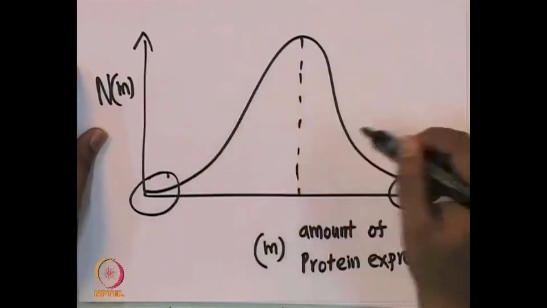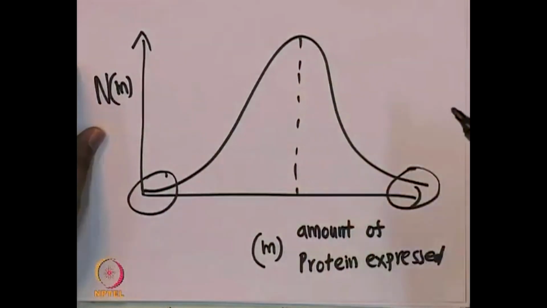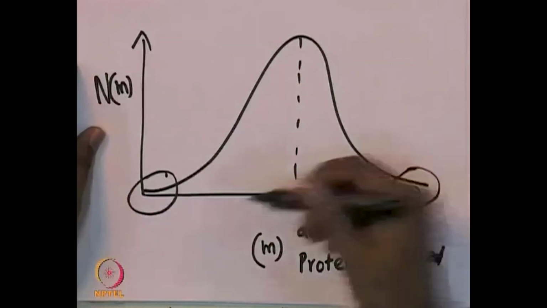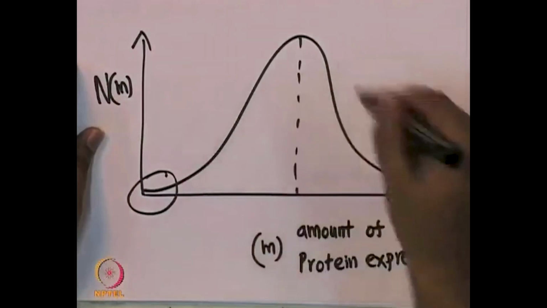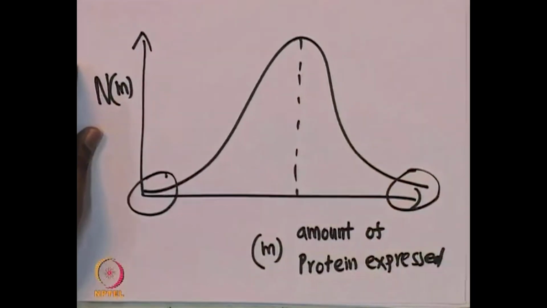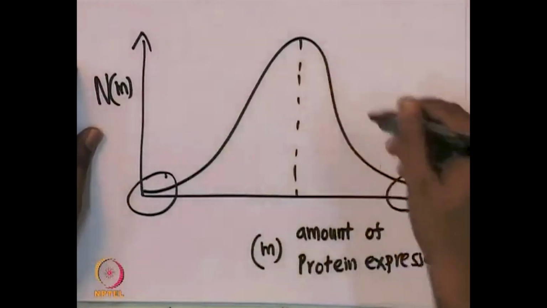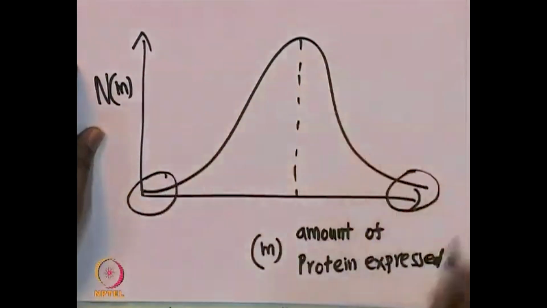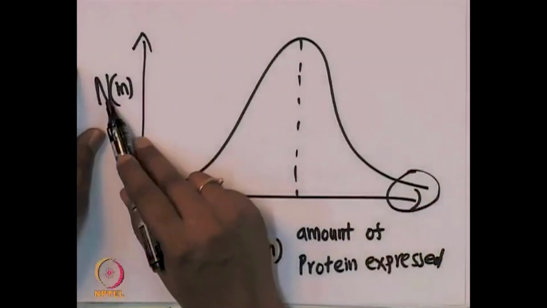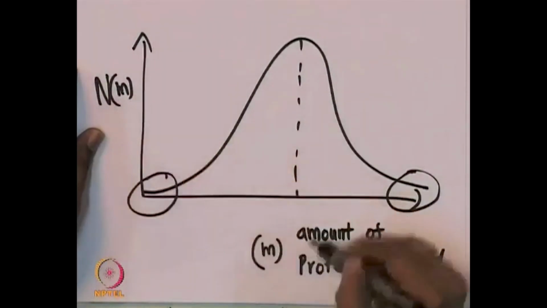So, if you have this example, this might also look like a normal distribution if you wish, but it will surely have a distribution of roughly this shape. This is the shape which has a peak somewhere in the middle and dying down to both ends. So, here this is amount of protein expressed versus number of cells having that particular amount of protein.